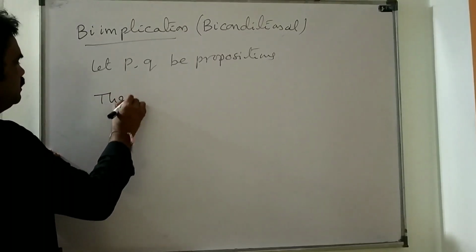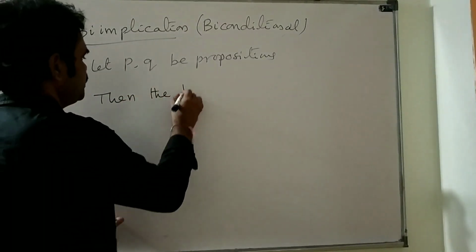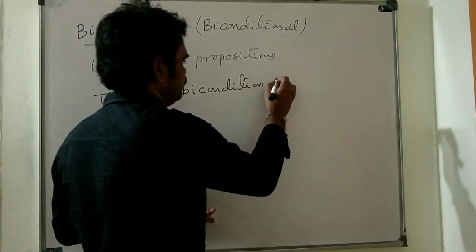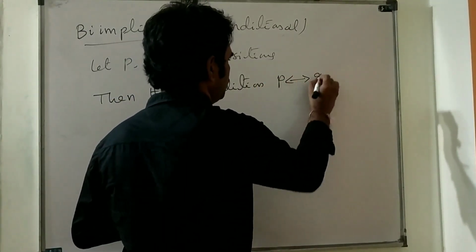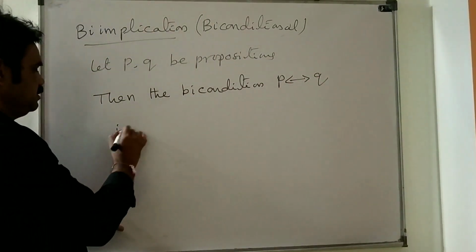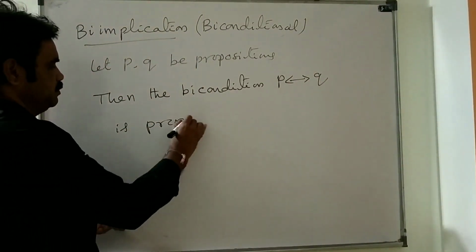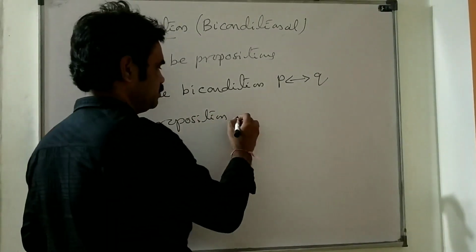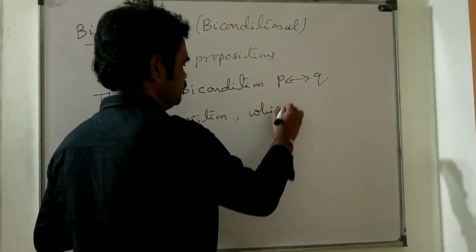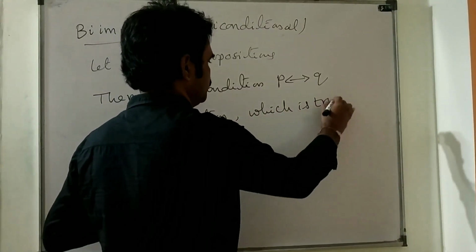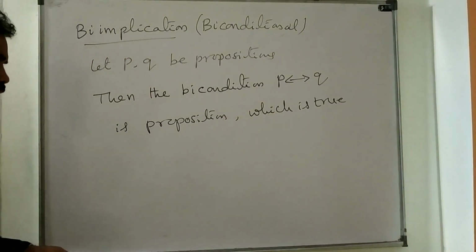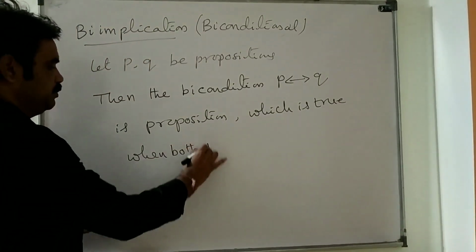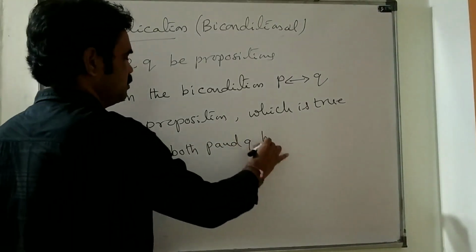Then the biconditional, denoted by P bi-implies Q, is a proposition which is true when both P and Q have the same truth values.